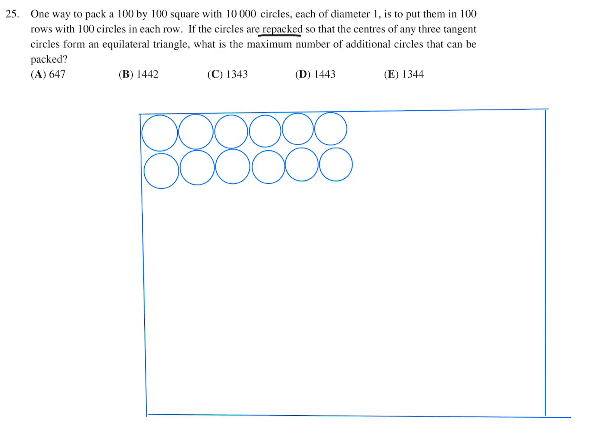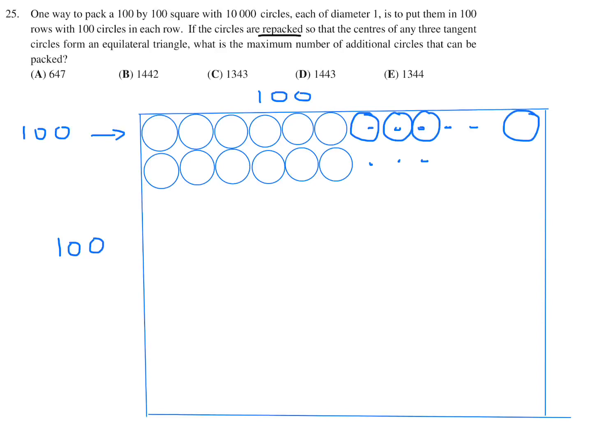All right, so they're basically saying that you've got these circles like that. You've got 100 by 100, so this is 100 and this is 100 in terms of its length, and you've got 10,000 circles, and in each row, this is a row, you've got 100 circles. So I've only written 6, but it just keeps going circle, circle, circle, all the way up to the 100th circle.